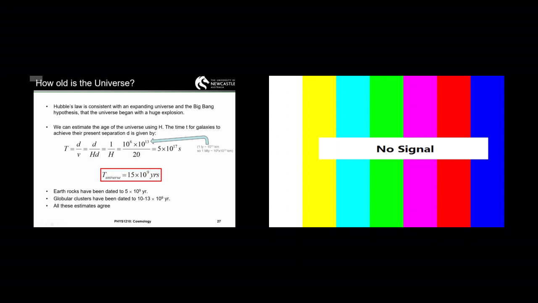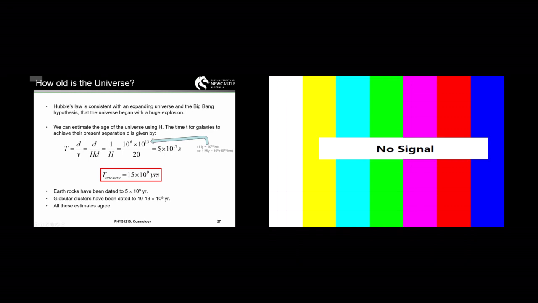The 20 on the bottom here comes from the fact that 1 mega light year is 1 million light years, and 1 light year is 10 to the 13 kilometers, and so we have to multiply. This is the conversion from a mega light year down into kilometers. The factors of kilometers will cancel out, and we'll eventually get a number in seconds for the age of the universe.